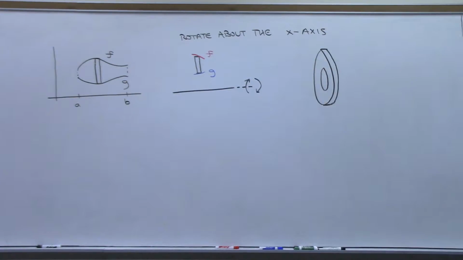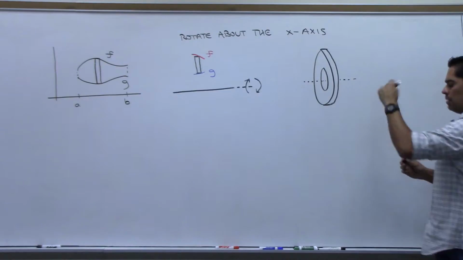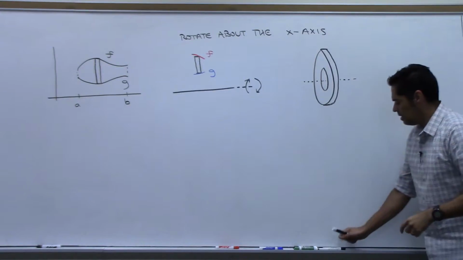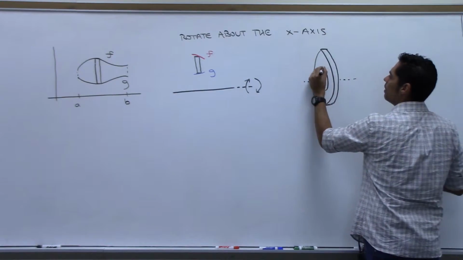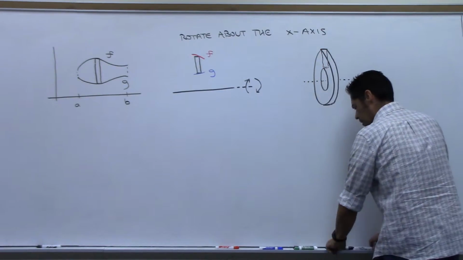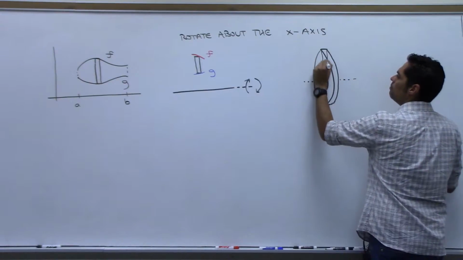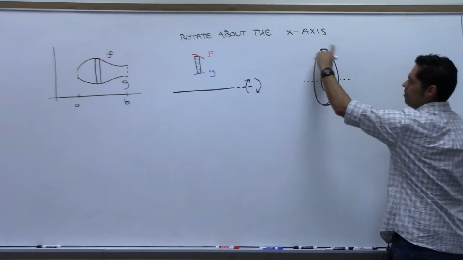That's what it would look like rotated around, roughly. Your axis of rotation is right in there, and you can even see the little rectangle in here. That's the rectangle right here that just got rotated around.